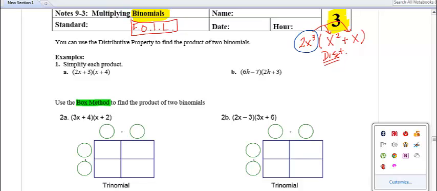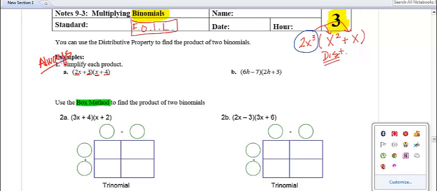Here's the great part about the box method, where the distributive property will always work for any multiplication of polynomials. And what I mean by that is we're talking about 2 terms here by a 2 term. So here's a 2-term binomial times another 2-term binomial.